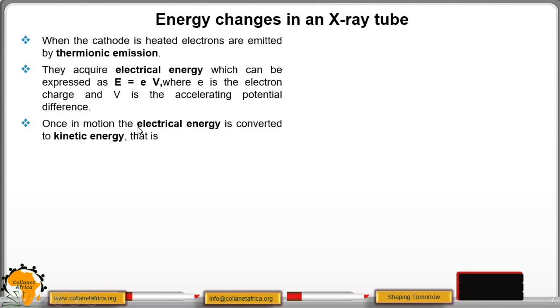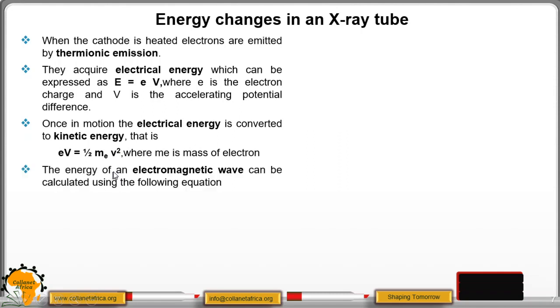Once they are accelerated, this electrical energy is converted to kinetic energy. And from previous topics in Form 3, we know that kinetic energy is calculated by half mv squared, where m is the mass and v is the velocity. Note that the V in eV is for the accelerating potential and this v is for the velocity.